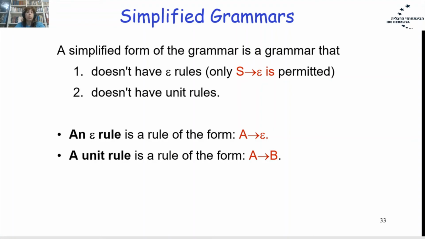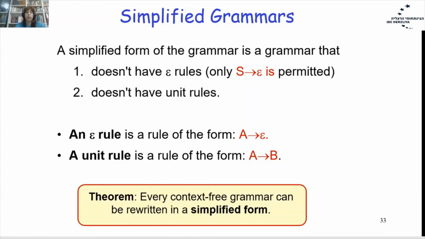A unit rule is a rule of the form variable A derives a variable B without any additional symbols. Every context-free grammar can be rewritten in a simplified form. We will study how to eliminate an epsilon rule and a unit rule in a few moments.